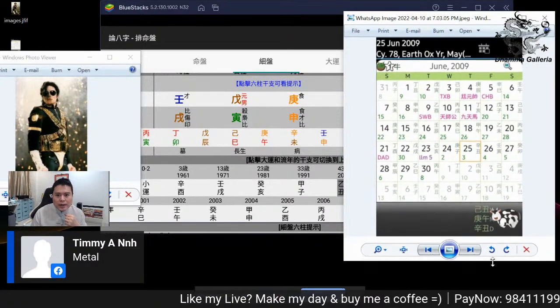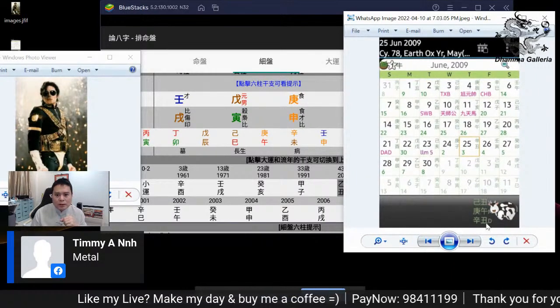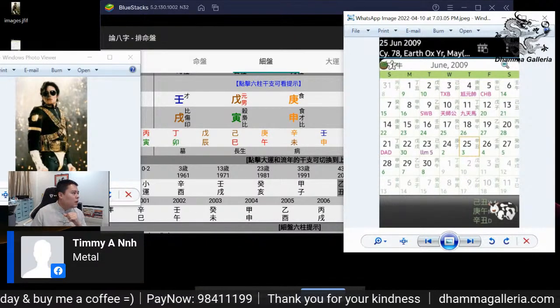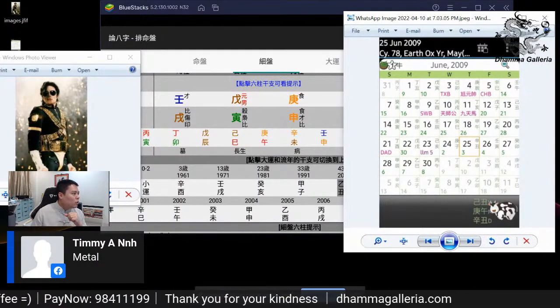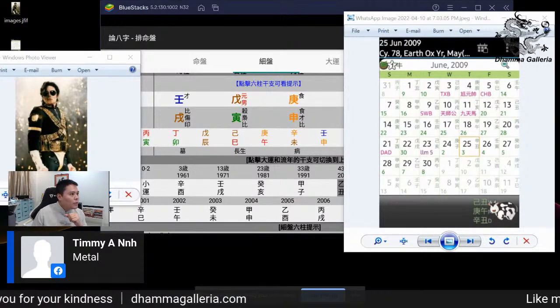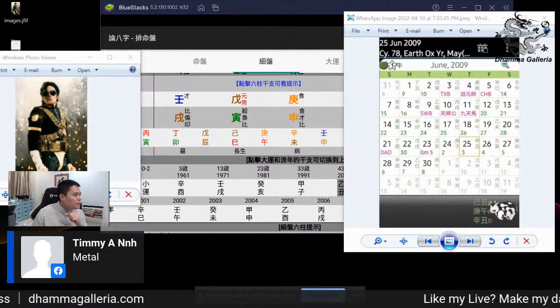有两个丑在把他的金入墓了。然后呢，我不是之前教过嘛，有跟着我 live 的人, those who have followed my live sessions will be able to remember this. Okay, let me show you this chart.